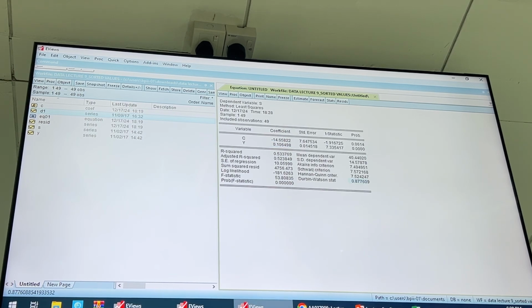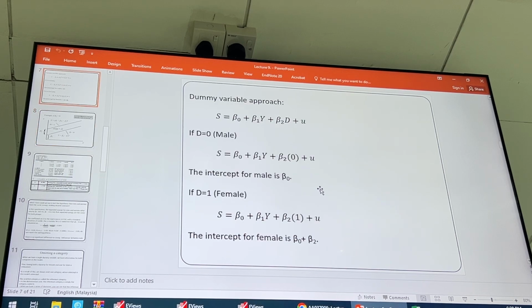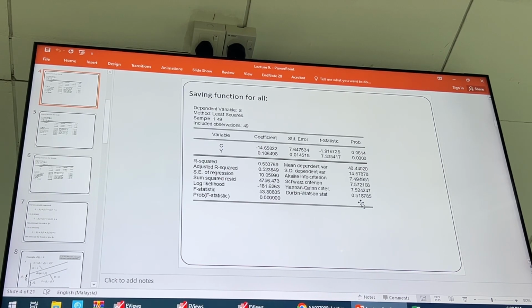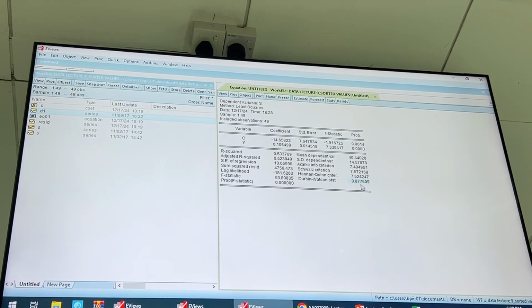But if you use the first observation before we sort the data, we get 0.51. When you change the order, sorting male first followed by female, and estimate the model, we get 0.7. So this means the test is not correct, it is not valid for the case of cross-sectional data.